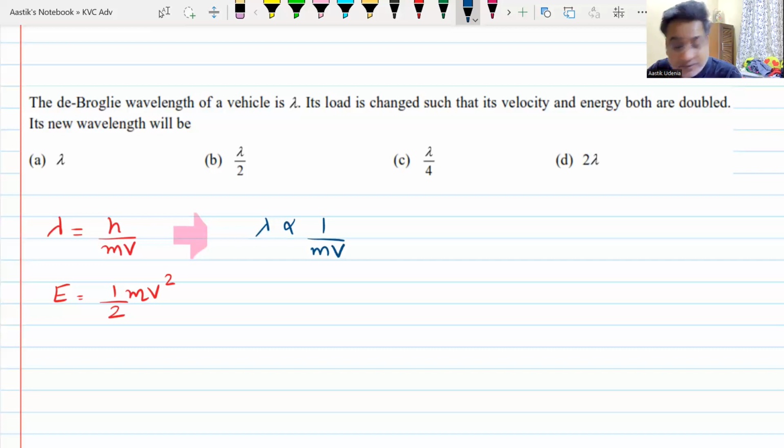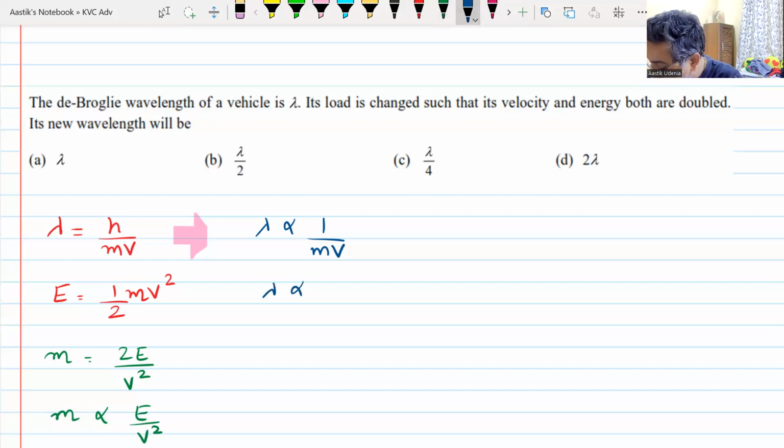The velocity has been doubled. The load has been changed. That means the mass has been changed. So you have to find out what is the change in mass. Here you can write mass as 2e by v square. Energy has been doubled. So this mass is proportional to E by V square. Yes or no? Yes.